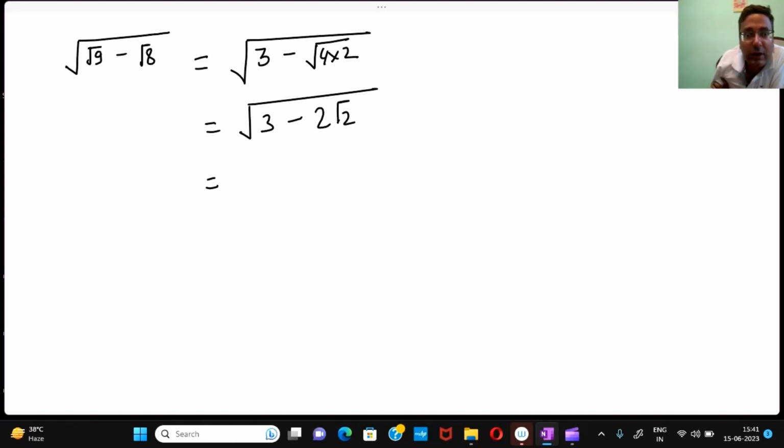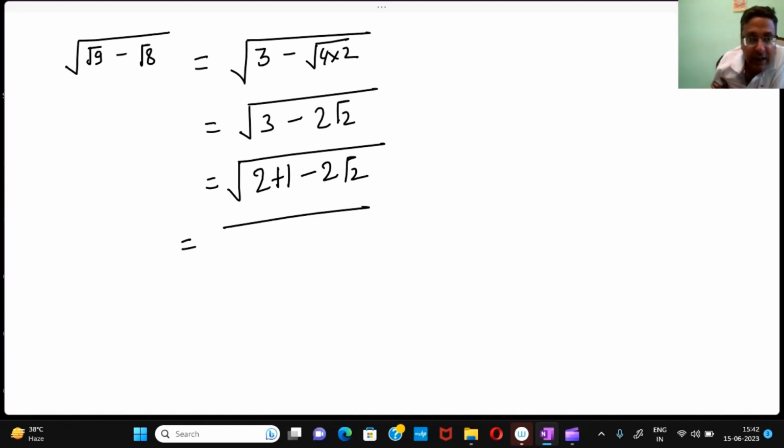Then you can see you can break this and make a formula. We can write 3 as 2 plus 1, and minus 2 root 2. Okay, now you can see here we can write 2 as root 2 square and 1 as 1 square, and here minus 2 into root 2 and 1.